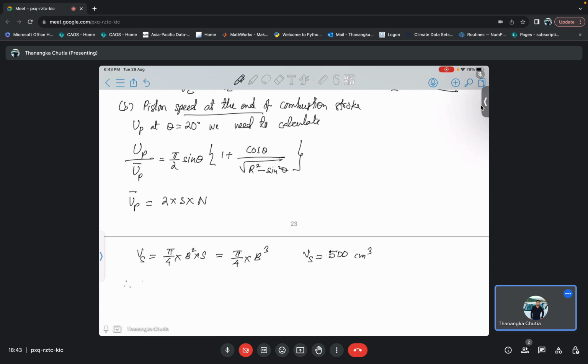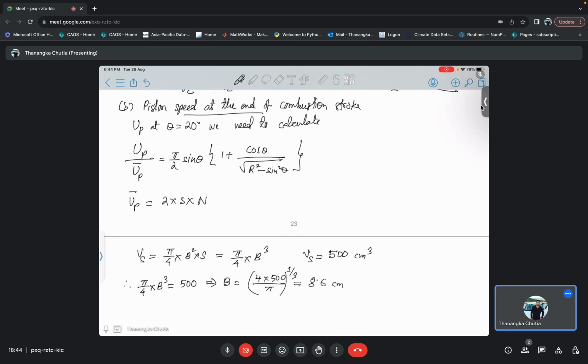So pi by 4 into b cube is equal to 500, and from here b is equal to 4 into 500 divided by pi to the power 1 by 3, and that is equal to 8.6 centimeter.